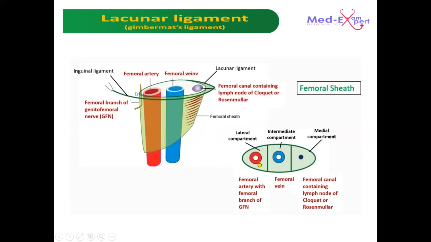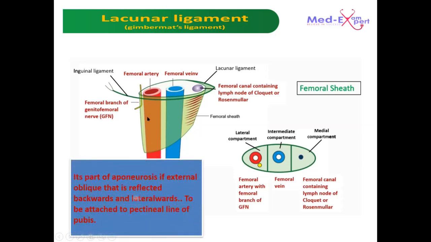This is part of the superficial fascia extending down to invest these vessels, forming something like a sheath, called the femoral sheath, while this is formed like a ring.